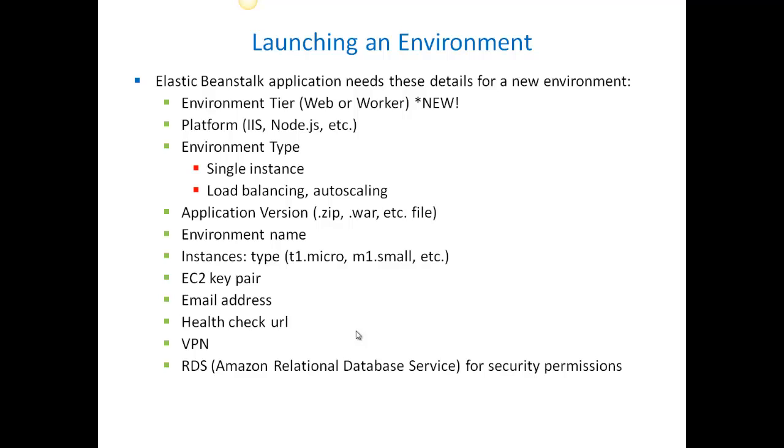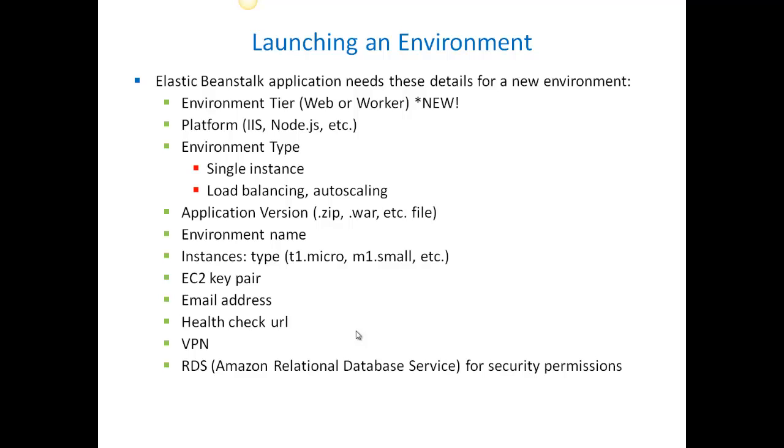And what application version you're going to use. I showed you can have multiple versions hosted in your application. They want a name. They want to know how big your EC2 instances are going to be. Let you give a key value pair, an email address for notifications about your environments, a health check URL for the load balancing auto scaling.